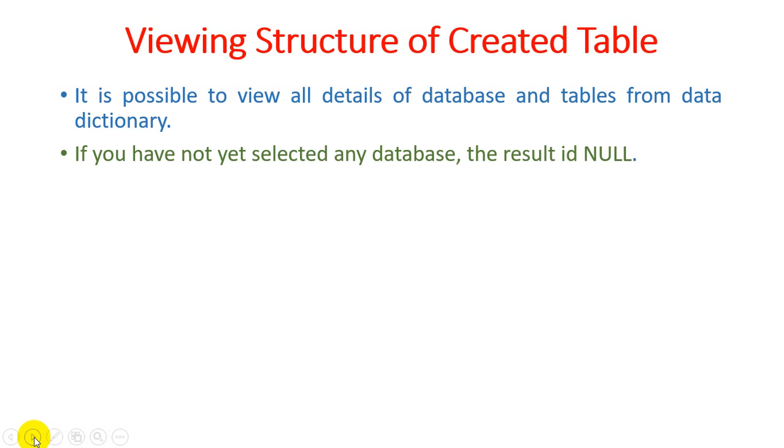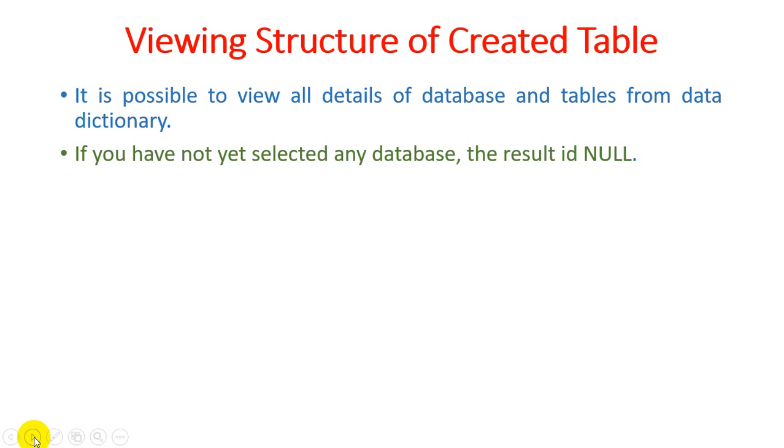If you have not yet selected any database, the result is null, because at the time of database creation, as we will discuss, there are lots of databases already part of your database server. If you want to use one of the databases currently, at that time you can go with the use database name command.